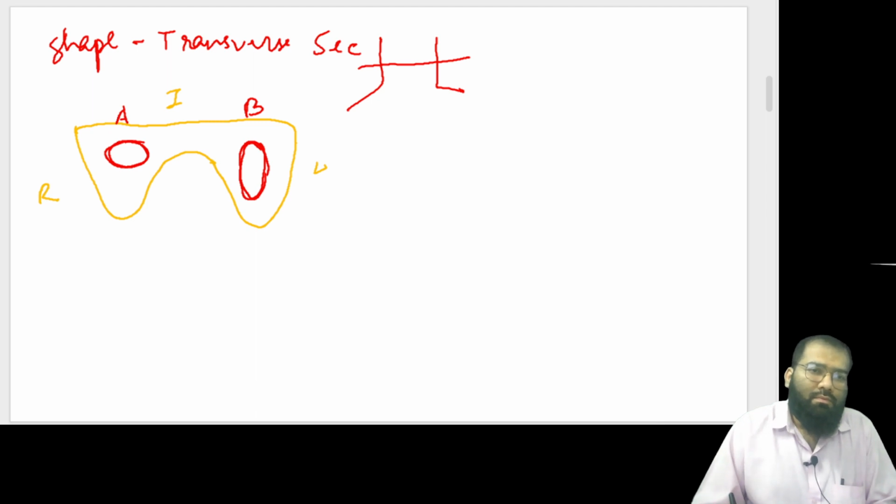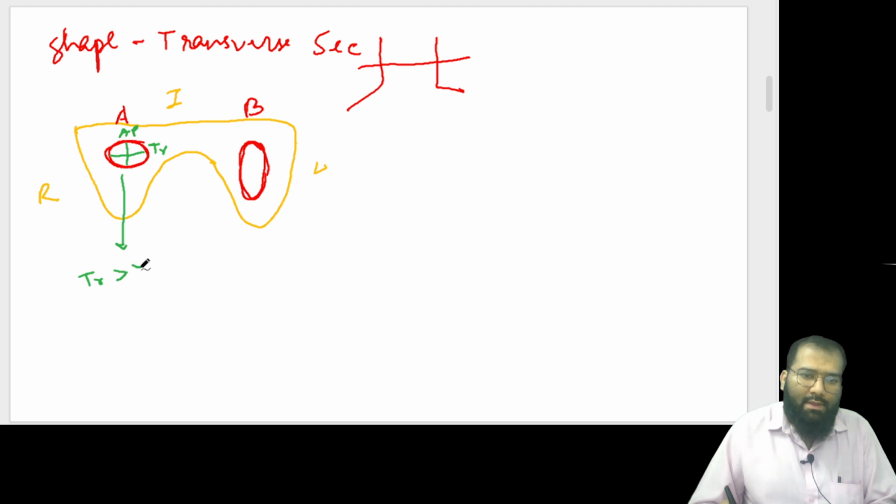So, if you speak of lesion A, this is AP diameter and this is transverse diameter. Okay. So, in lesion A, transverse diameter is larger than AP diameter.